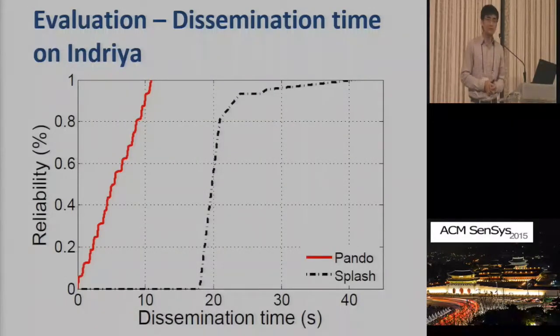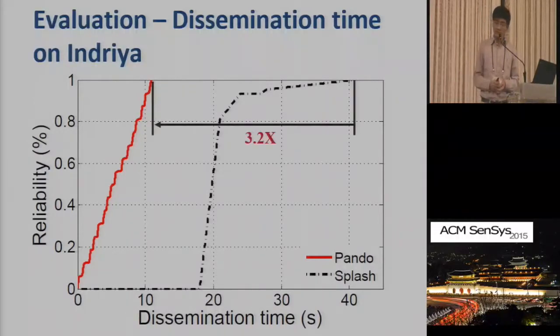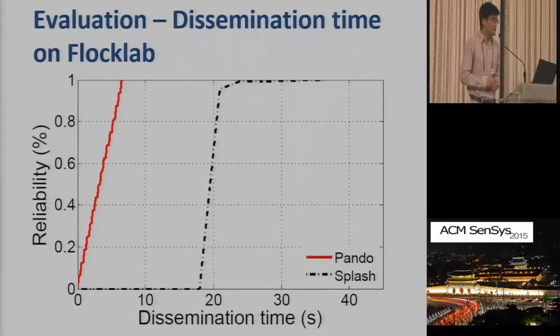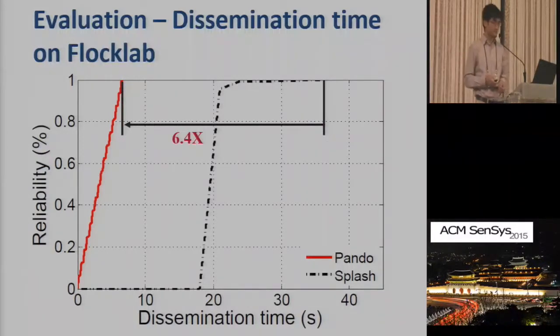Let's see some average performance. The average performance is the average of the 5 tests for each approach. We can reduce the data dissemination time of Splash by more than 3 times, and on FlockLab, we can improve the performance of Splash by more than 6 times.